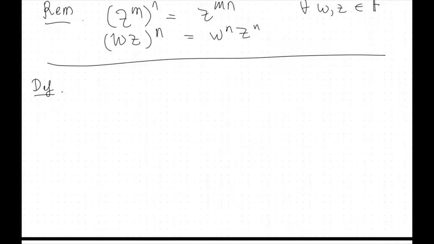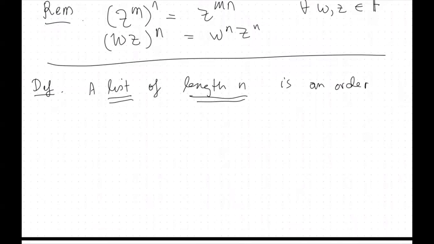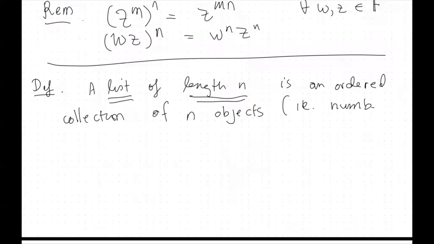Now we add some definitions. The next definition is a list of length n. A list of length n is an ordered collection of n objects. We say objects can be numbers or anything because we're in abstraction.